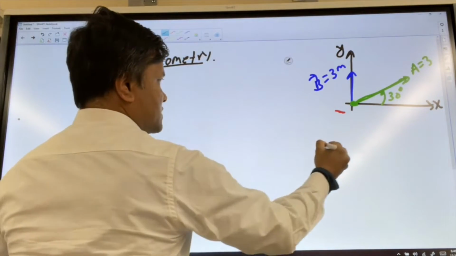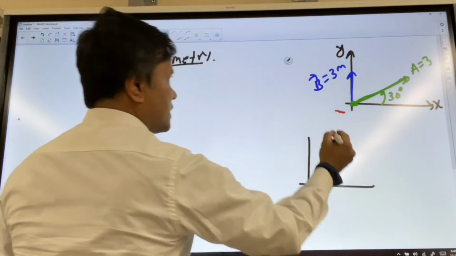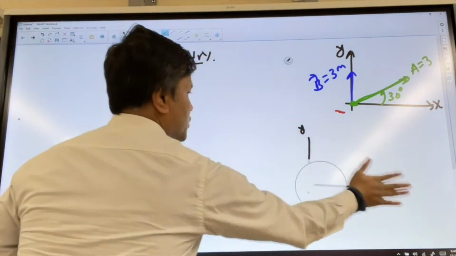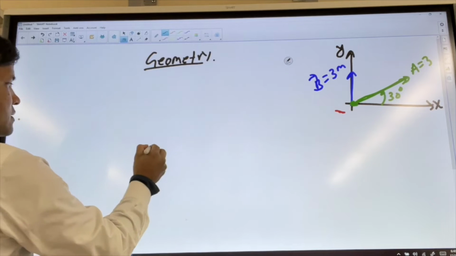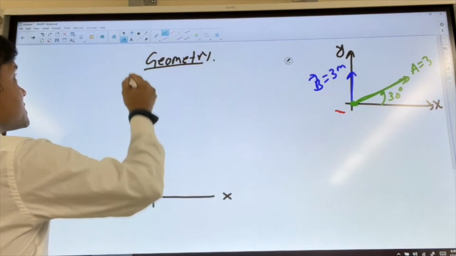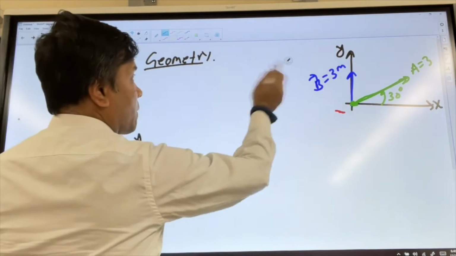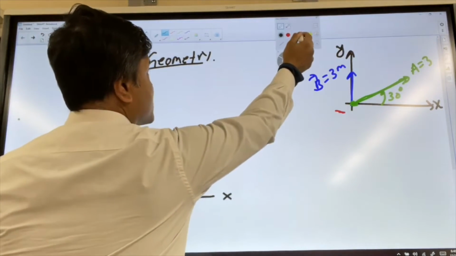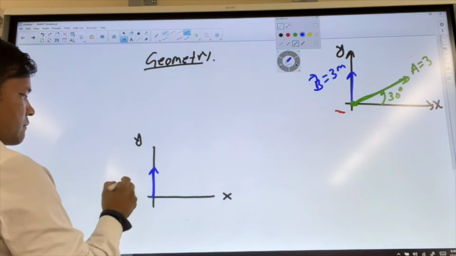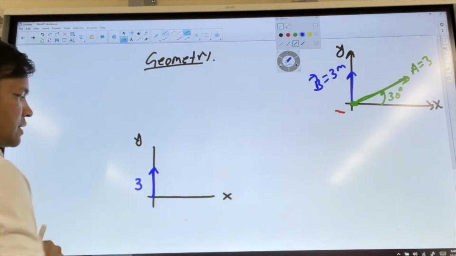Let's draw the x-axis and y-axis. I need more space, so I'm going to move it over here. So, x-axis and y-axis. Now let's draw the blue vector, which is vector b, and vector b is 3, as you know.